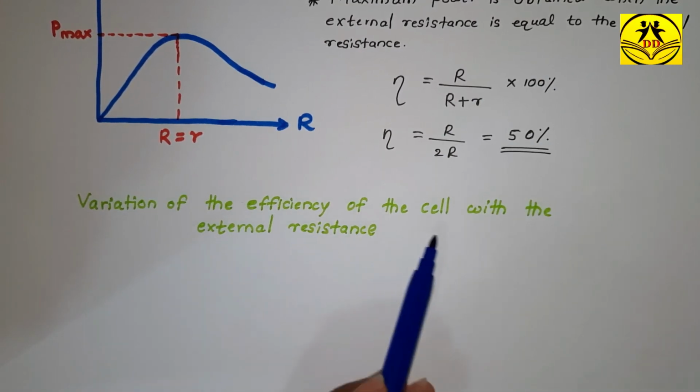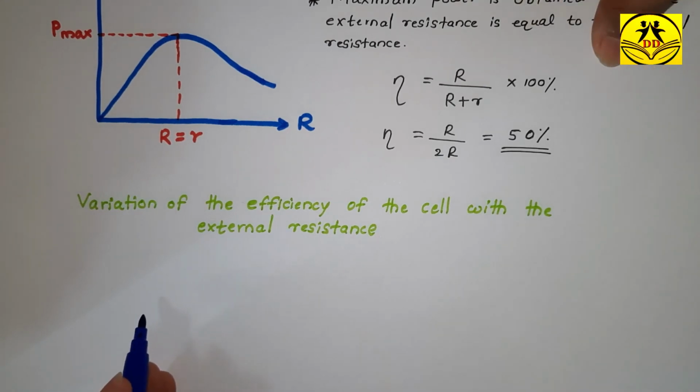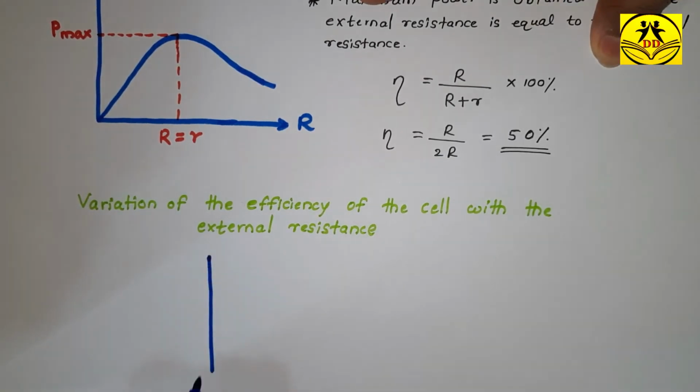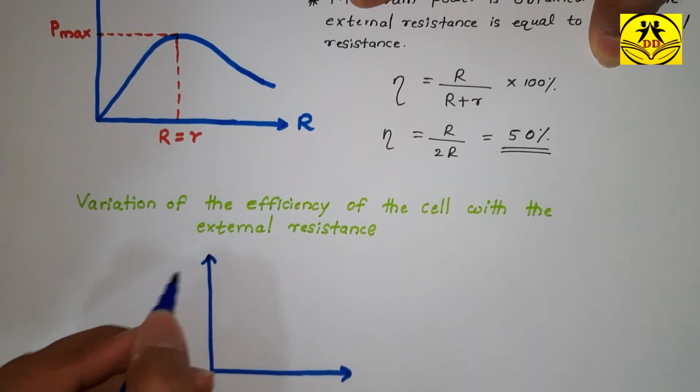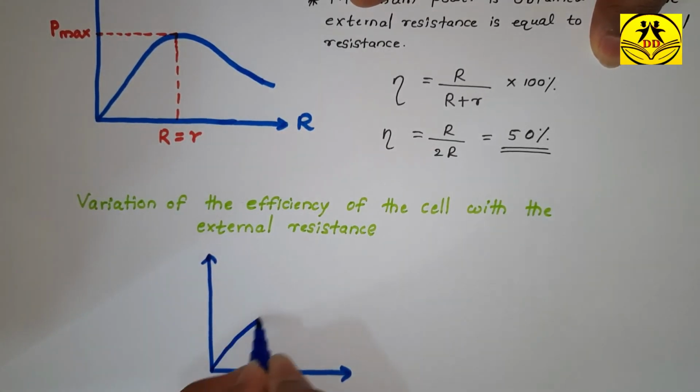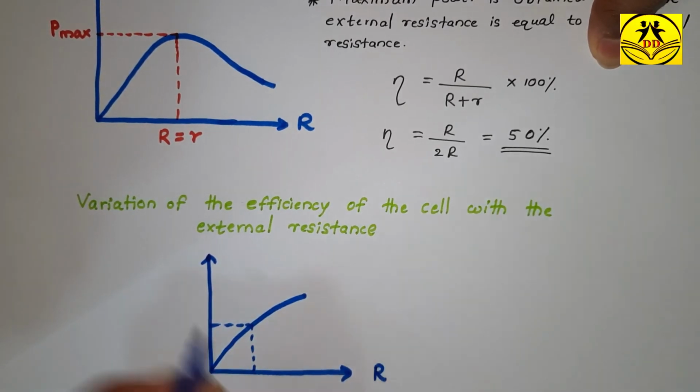Variation of the efficiency of the cell with the external resistance can be drawn like this. It is like this. So when the efficiency is 50%, the value of the external resistance is equal to the value of the internal resistance, simple r.